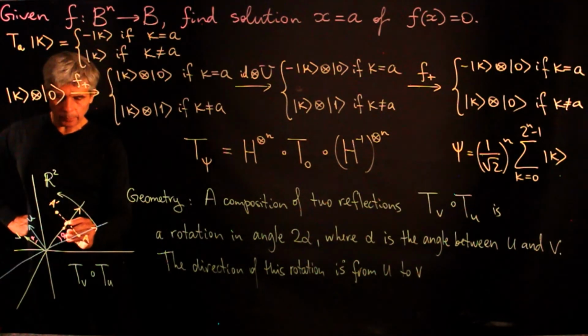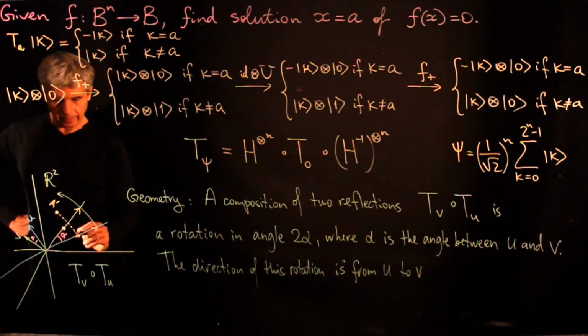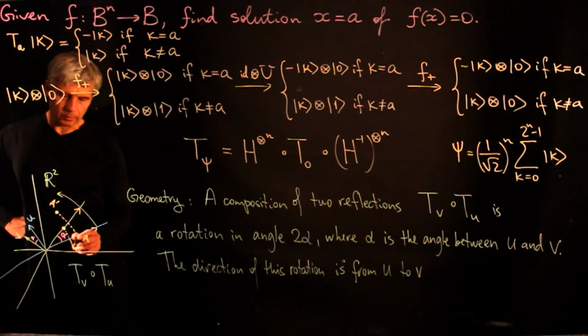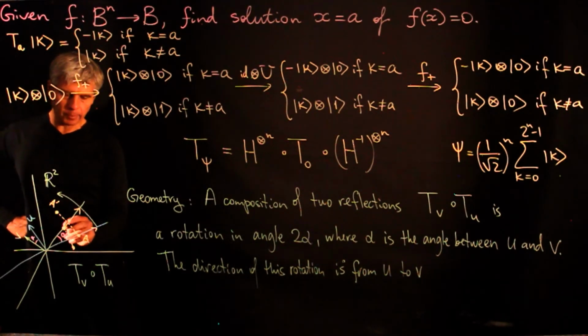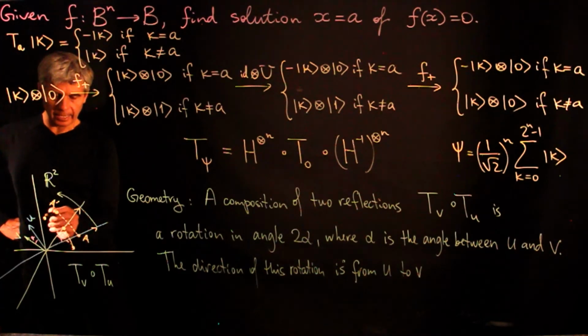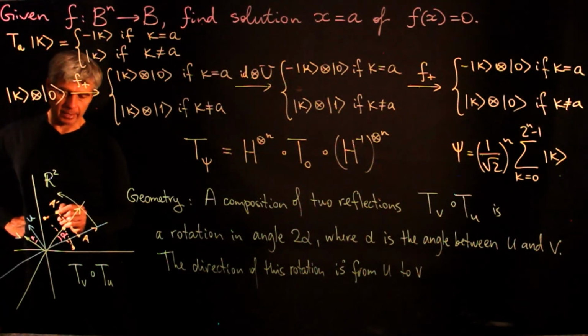Now, if I take a point B on the other line, then when we apply TU, it's reflected to a point here. So essentially, we're going by the angle 2 alpha in the wrong direction. And then it's reflected with respect to line TV. So this corresponds to rotating by angle 4 alpha now.